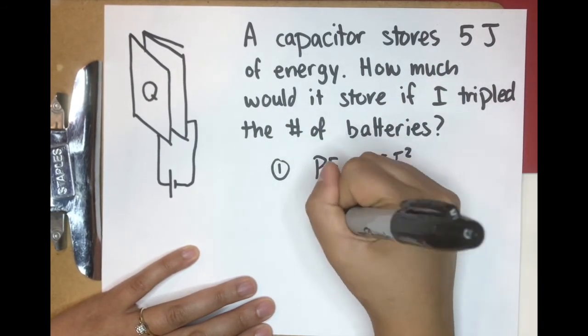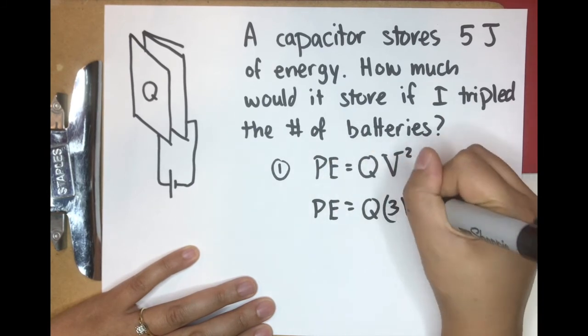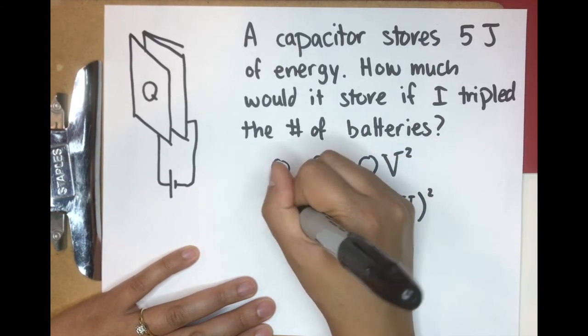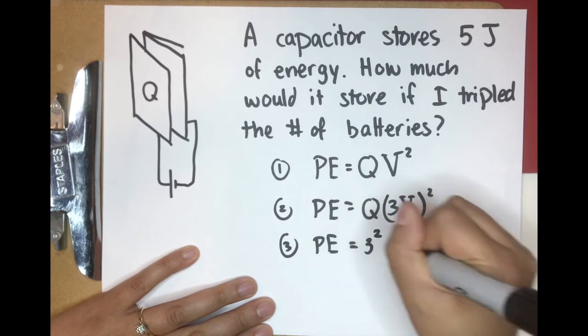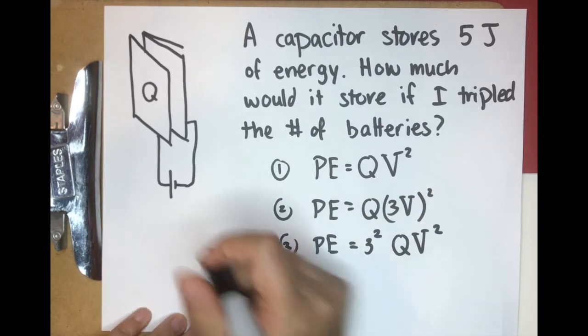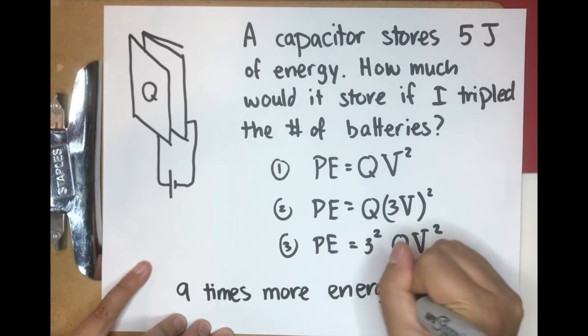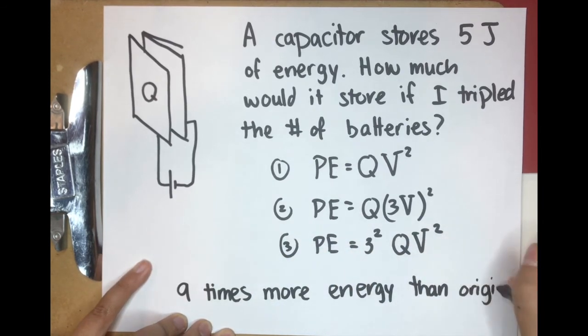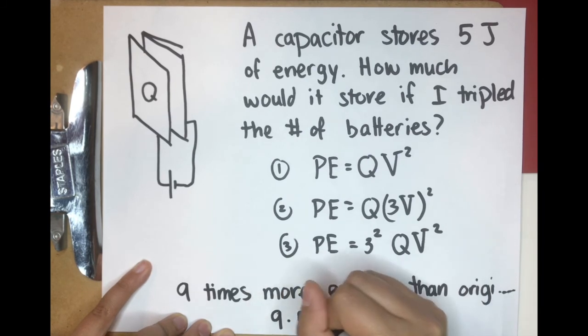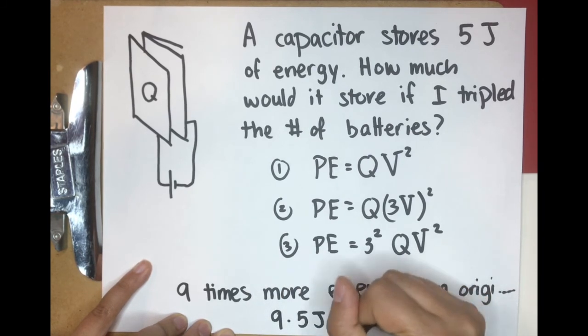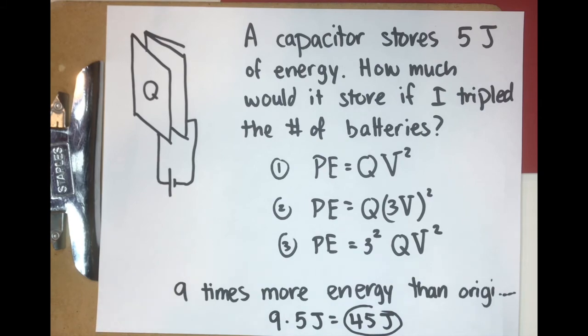So that would be 3 volts squared. Doing my distributive property, I see 3 squared would be 9 times more energy than before. And if before was 5 joules, 9 times more than 5 joules gives me 45 joules.